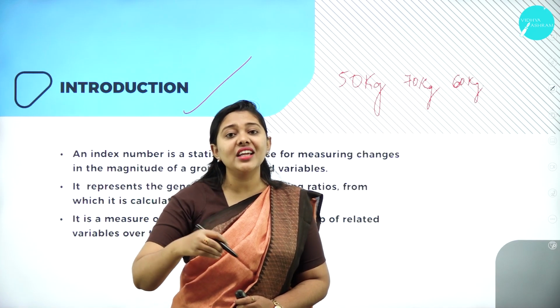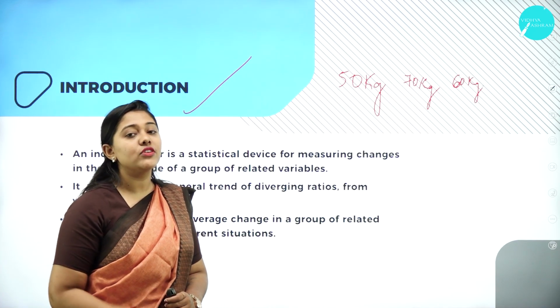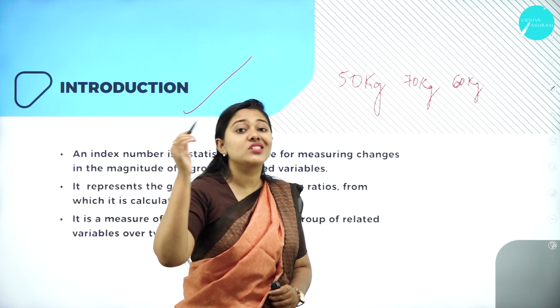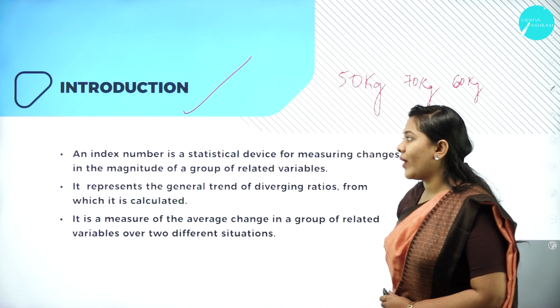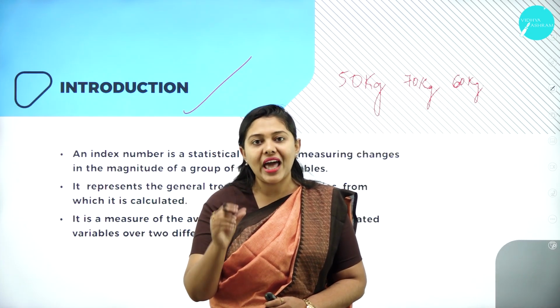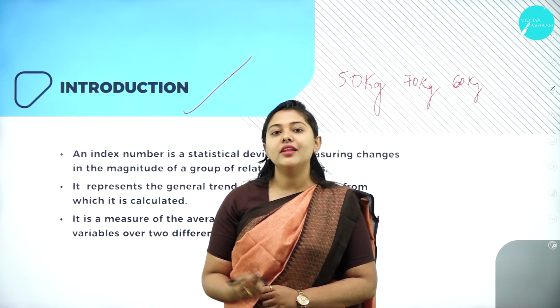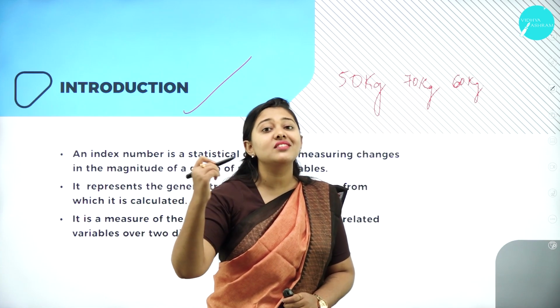How can we study the changes in this kind of situation? We have a technique in statistics to study the changes happening in real situations, that is your index number. With the help of a single numerical value, you will be able to understand the changes in the trend.